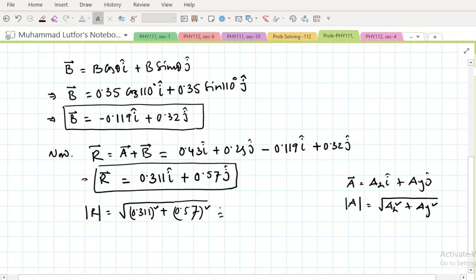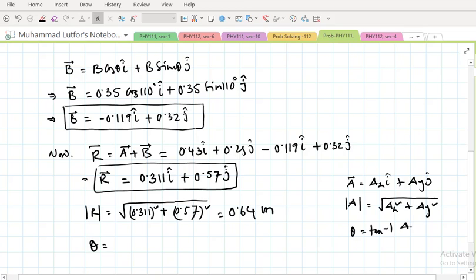Let me do that. Square root of that is going to be 0.64 meter. And the angle theta, when you find the theta for this vector, is tan inverse ay by ax.